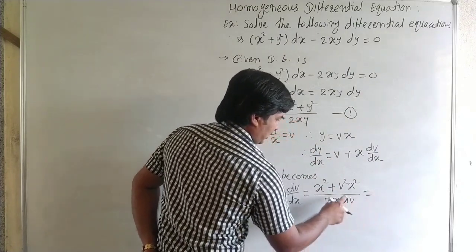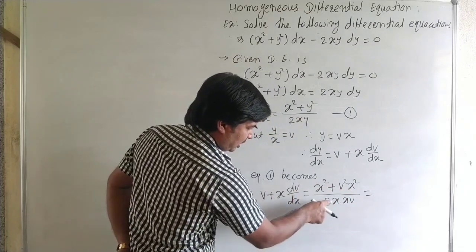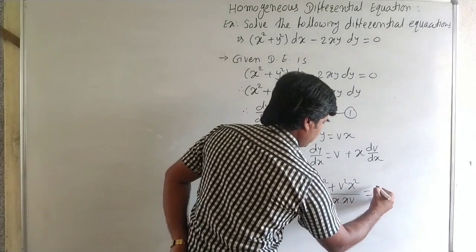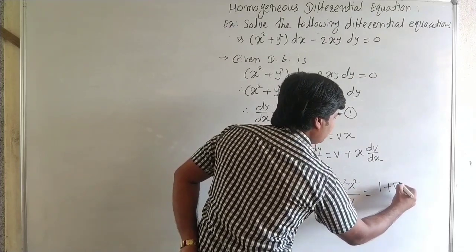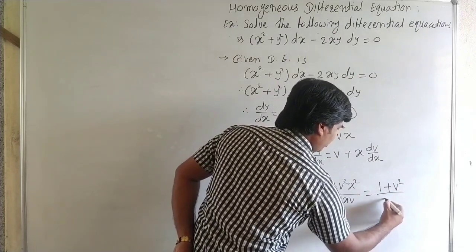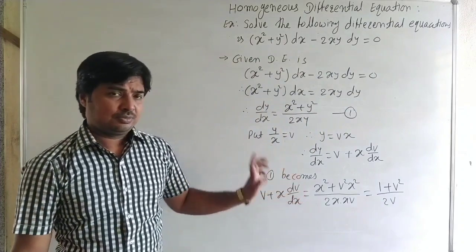Here x square is taken common, and in the denominator x square gets cancelled. We get 1 plus v square upon 2v. See carefully this.